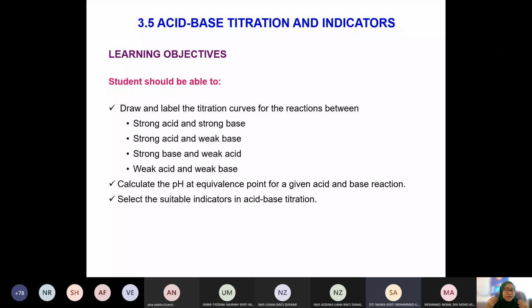If not, what you need is just an indicator, based just on the change of color of the solution. Alright, so like I said, this is the application.